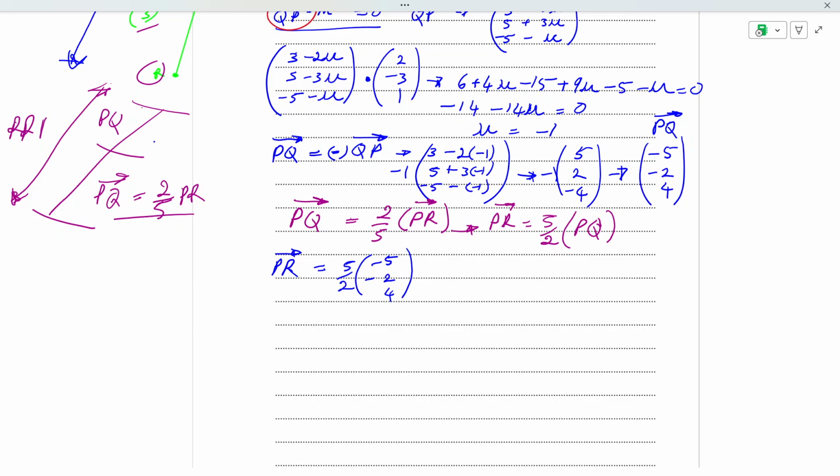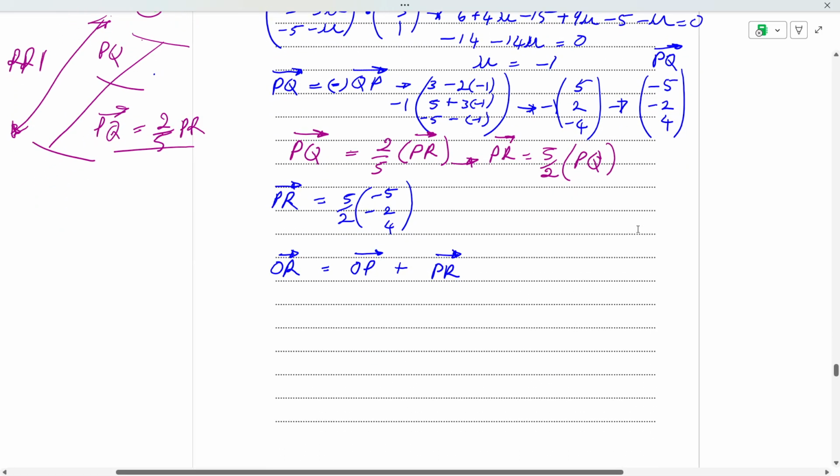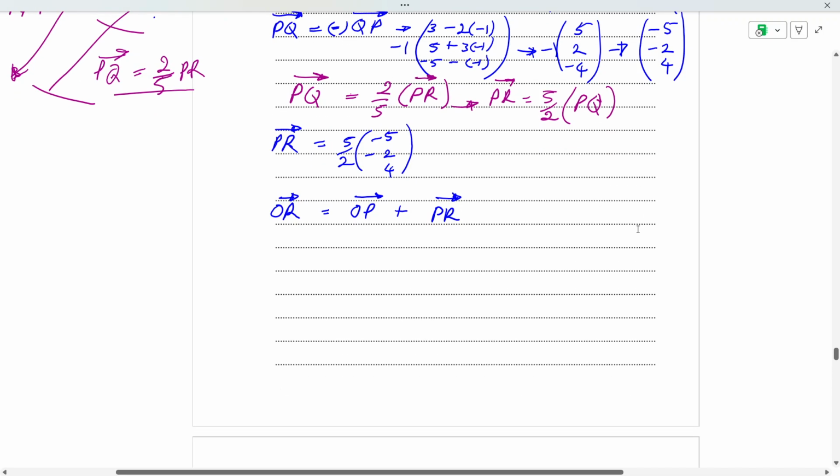So now to find R itself, we're starting from P. So now OR is equal to OP plus the direction PR. That is what OR will be.